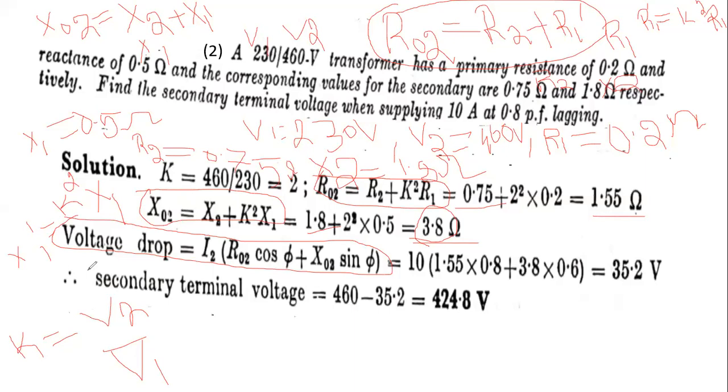Next, we calculate the secondary terminal voltage. What is the secondary terminal voltage? What is the secondary voltage? That is V2. Secondary terminal voltage is V2 minus voltage drop.